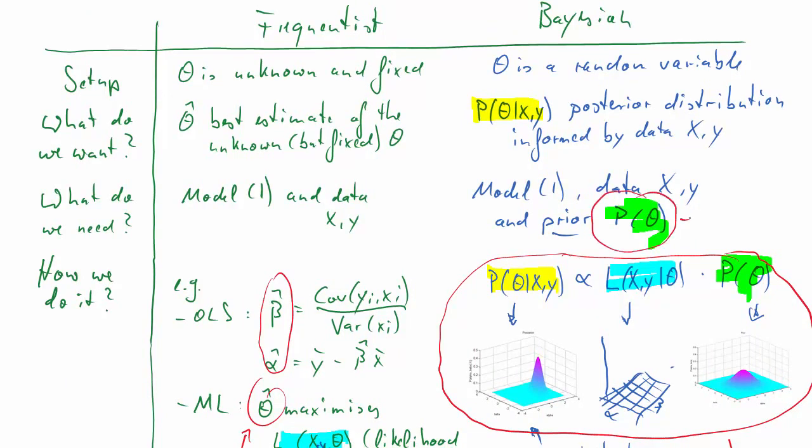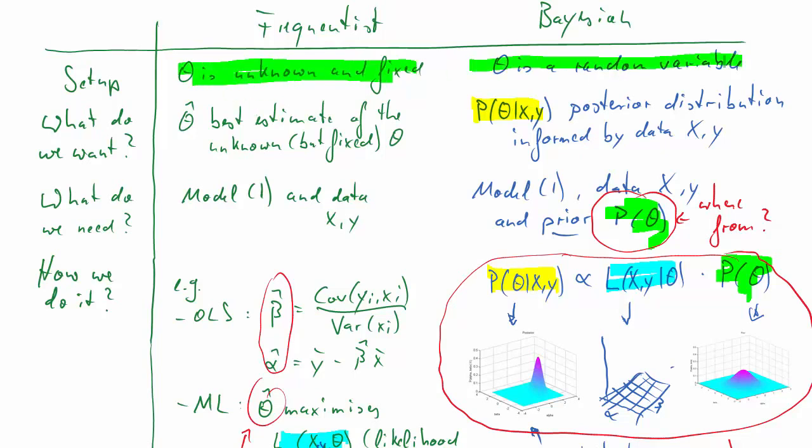And secondly, we need as an input this prior distribution. It can be a strength or weakness of the method, but we have to think carefully where it comes from, and different people may want to use different priors, leading to different results. All of these differences really originate from this different assumption at the beginning: a frequentist assuming that theta is unknown but fixed, and a Bayesian assuming that theta is unknown but really a random variable.